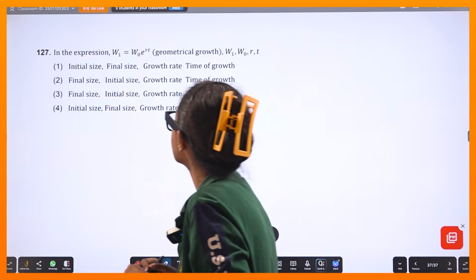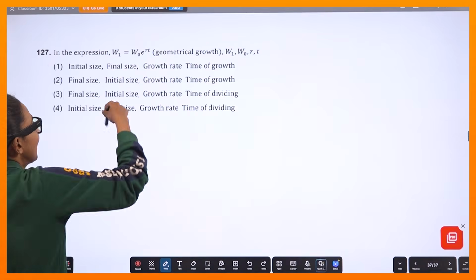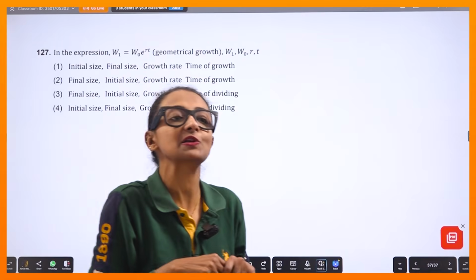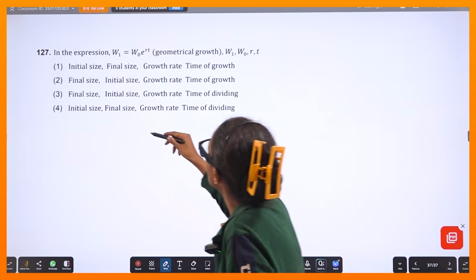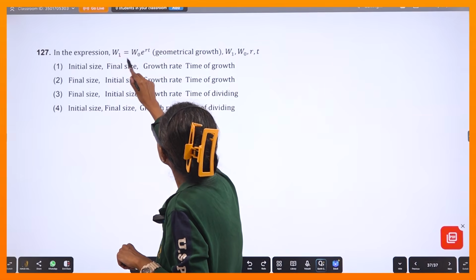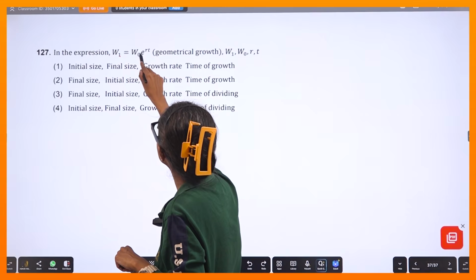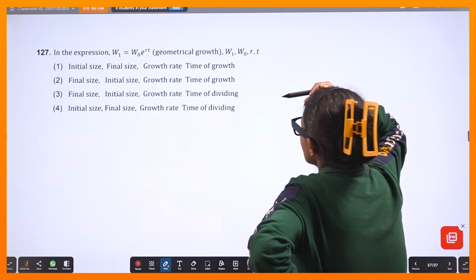Okay. So this is where the plant growth regulators part will start from. W1 equals W0 e to the power rt. This is final, this is initial.